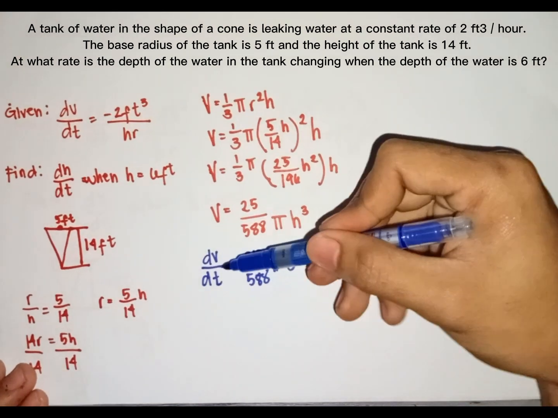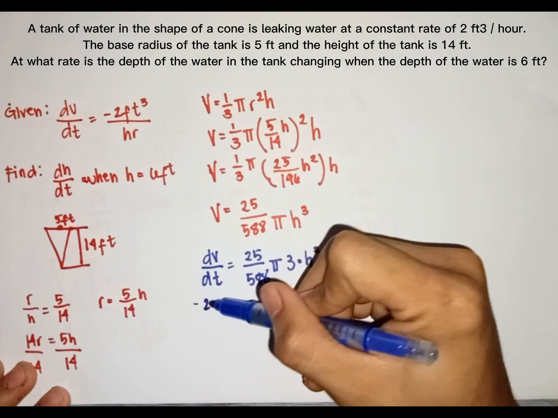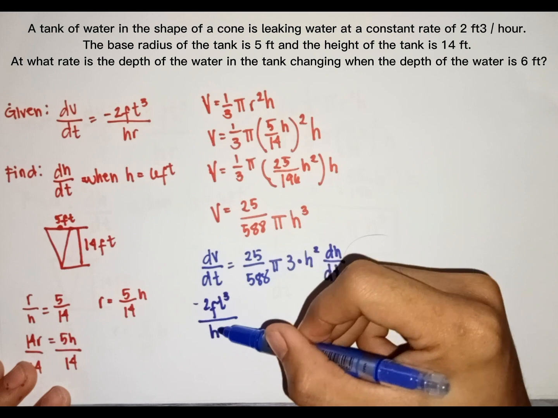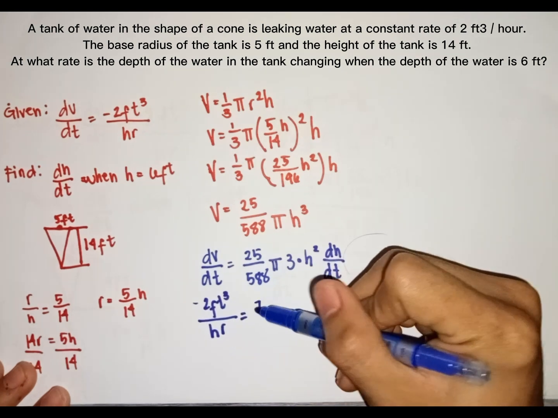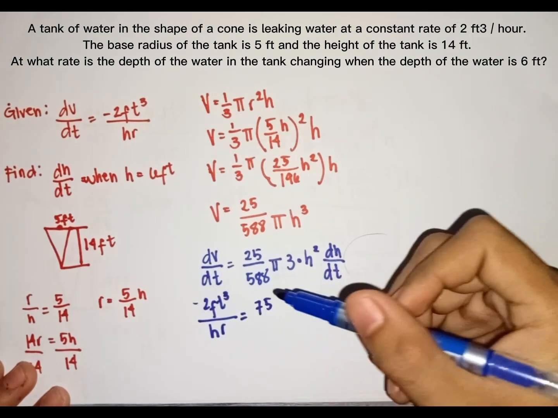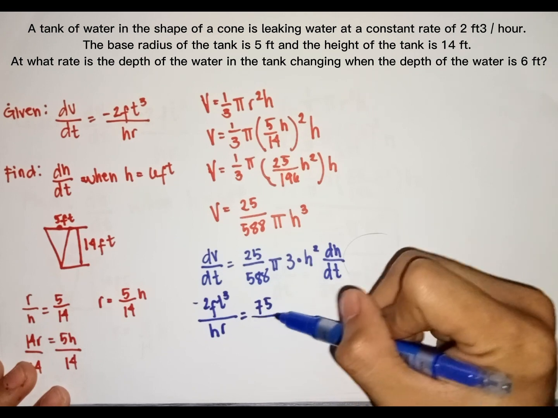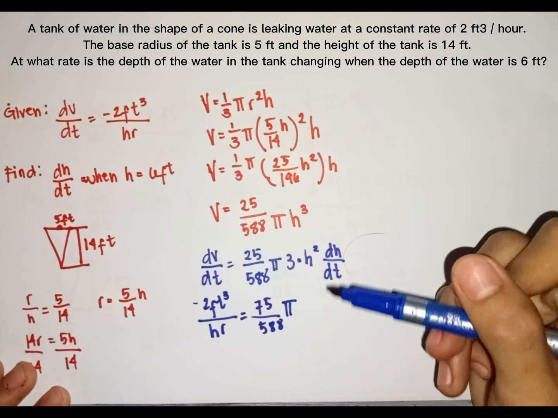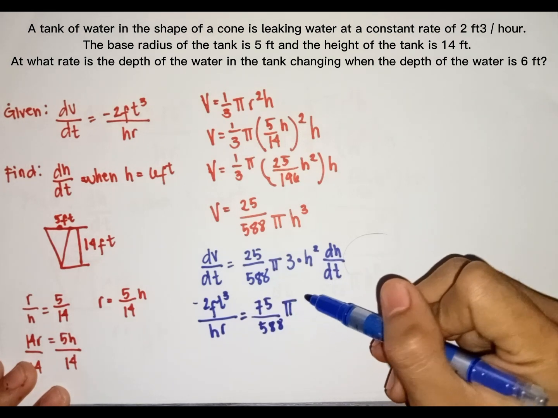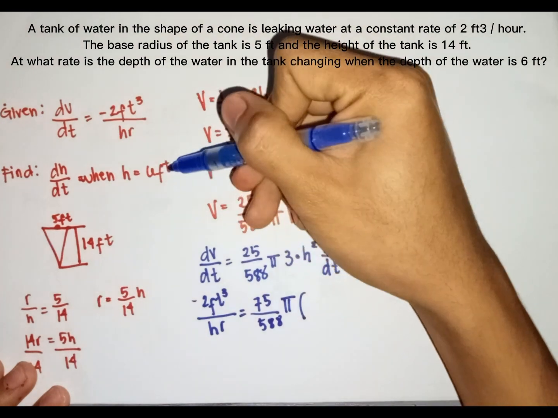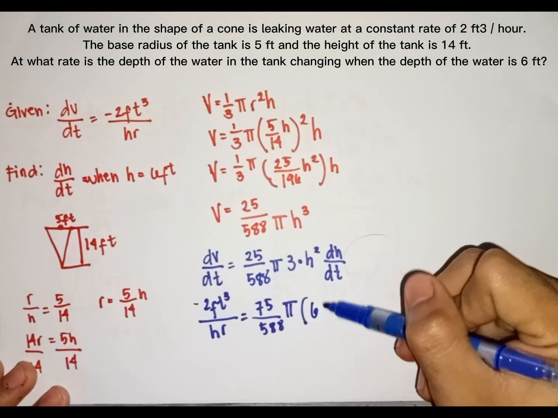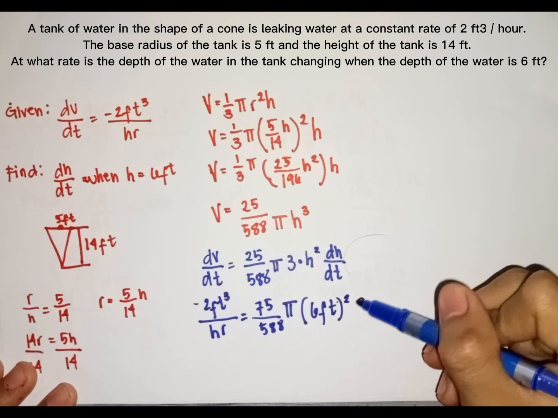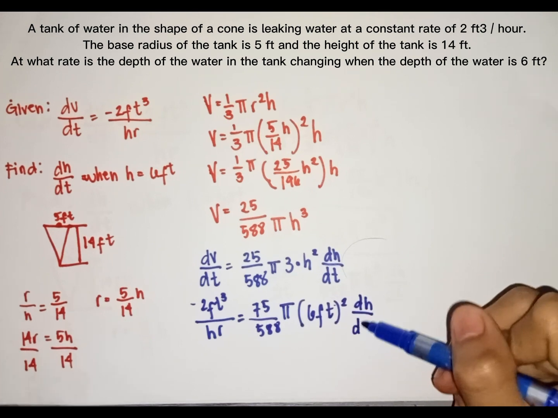So we substitute the value of dV over dt, that is negative 2 cubic feet per hour, equals 75 over 588 pi times the value of h, which is 6 feet, squared, times dh over dt.